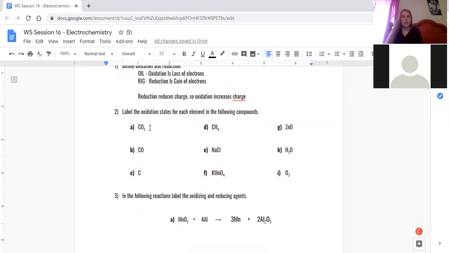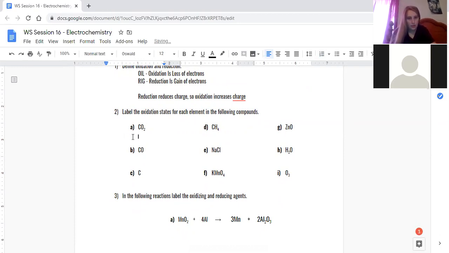So we're going to label the oxidation state for each of the elements in the following compounds. So we'll look at some of these. I think it may be easiest if I just type it out. So we'll have C, no, I'm going to do it below. I like that better.